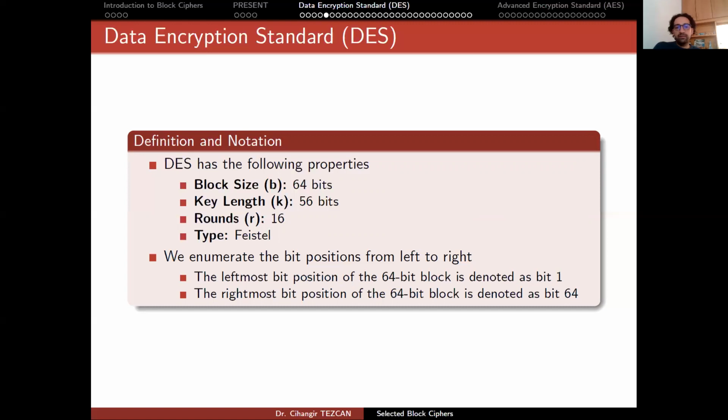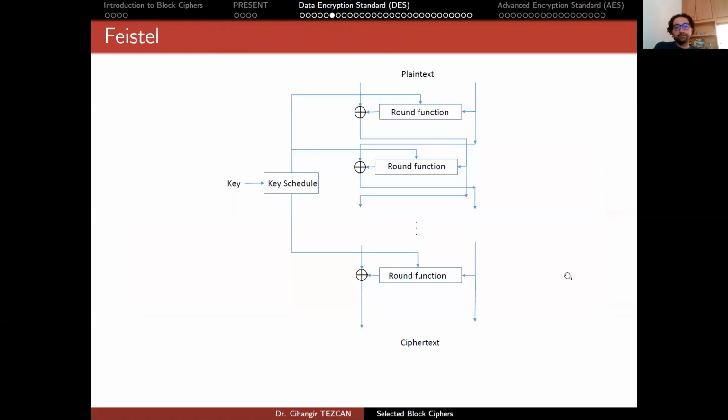And for DES, the leftmost bit position of the 64-bit block is denoted as bit 1, and the rightmost bit position of the 64-bit block is denoted as 64. This is actually ambiguous, because nowadays in other ciphers, we choose the rightmost bit as the first bit. But anyway, for this definition, not to confuse it, we refer to the leftmost bit position of the 64-bit block as bit 1.